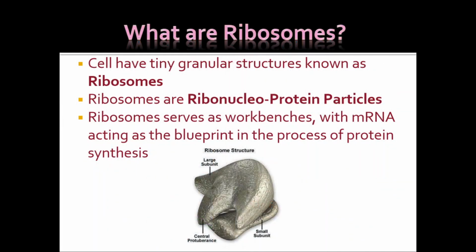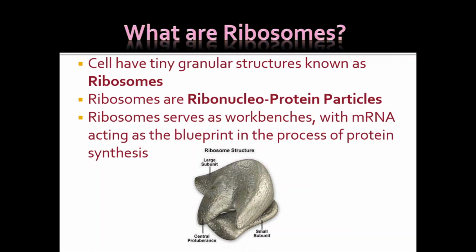So, what are ribosomes? Cells have tiny granular structures known as ribosomes. See friends, previously I explained all the cell organelles which are seen in the cell cytoplasm in prokaryotic and eukaryotic cells.